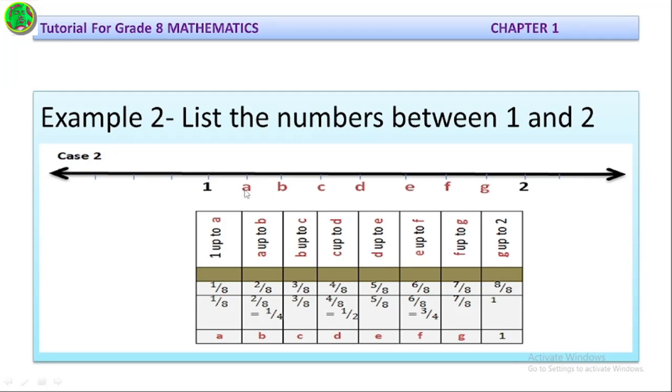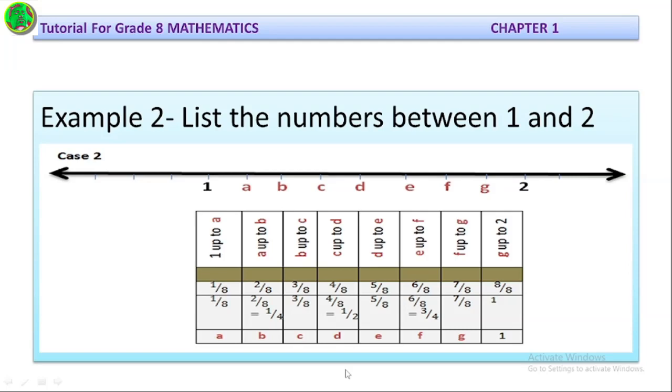From 1 to a is 1/8, b is 2/8, c is 3/8, d is 4/8, and so on. Sequentially placing the order, we put the value of the fraction. So the value of a is 1/8, the value of b is 2/8, the value of c is 3/8.